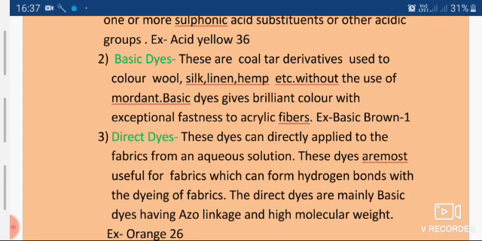It means these dyes are used for intense or brilliant colors, and these are not easily washed away with water, sunlight, or detergents. And the example is brown one.